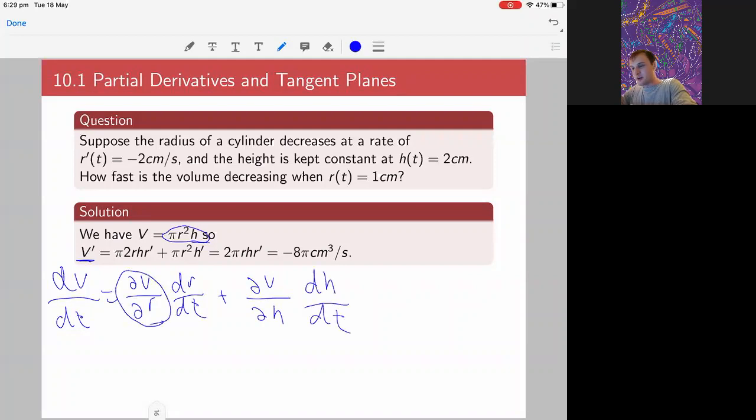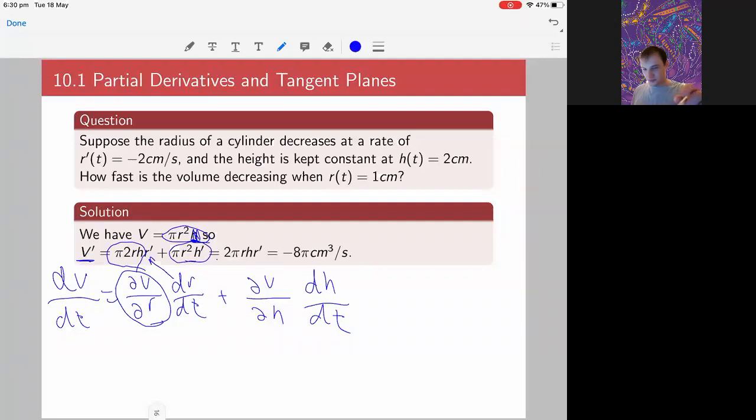Now, the derivative of v with respect to r is precisely 2 pi r times h, because r squared differentiates to 2r, and dr on dt is just r prime. On the other hand, if I differentiate the volume with respect to h, I get just pi r squared, because h goes to 1, and so I end up with this term here.